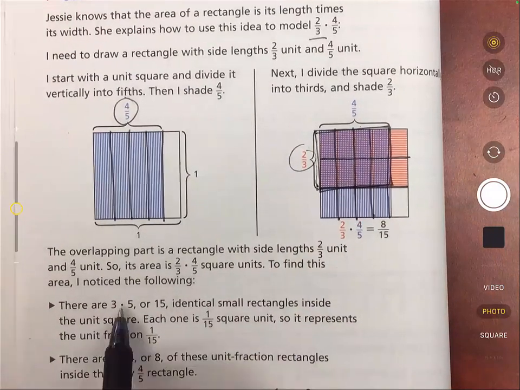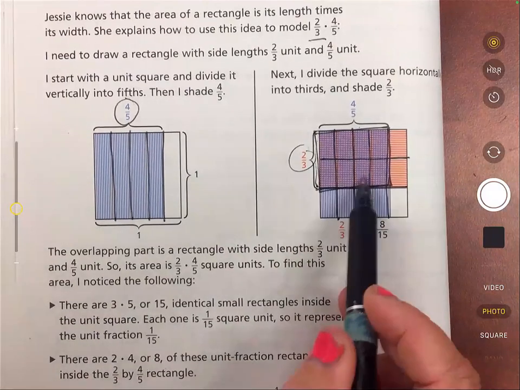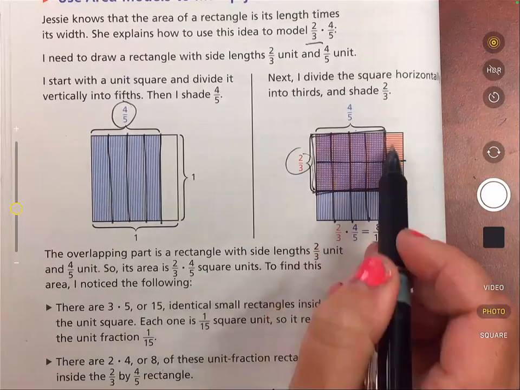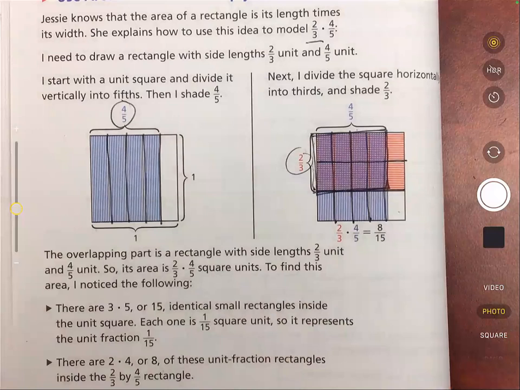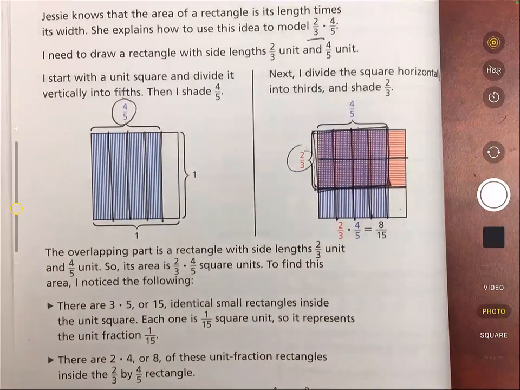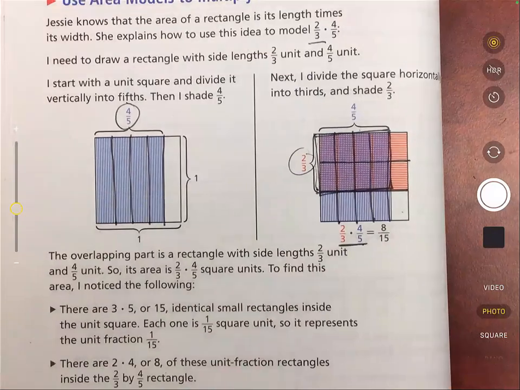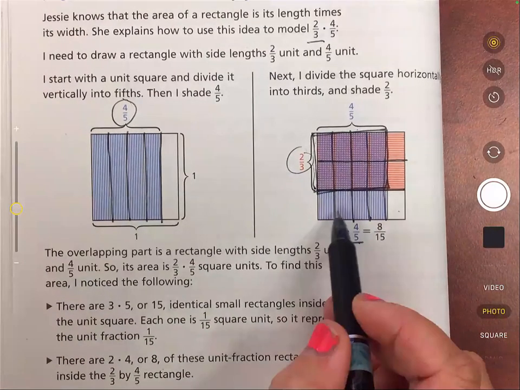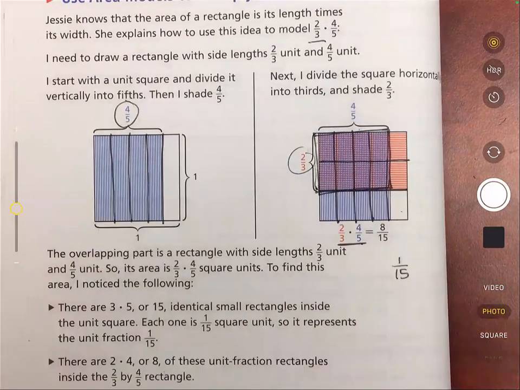There are 3 times 5, or 15, identical small rectangles. So in this whole shape, there's 1, 2, 3, 4, 5, 6, 7, 8, 9, 10, 11, 12, 13, 14, 15. There's 15 small rectangles, or 3 times 5, our denominators. Each one of those small rectangles represents 1/15 of the figure.